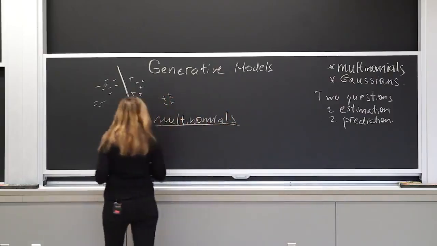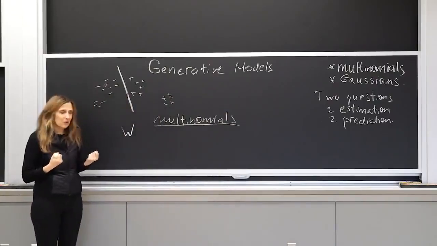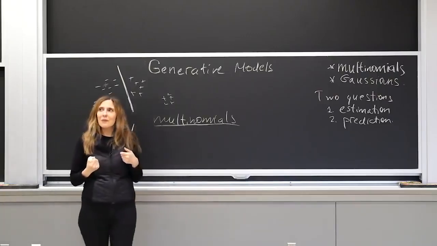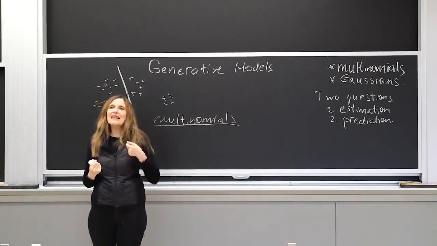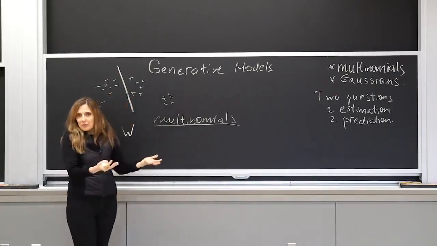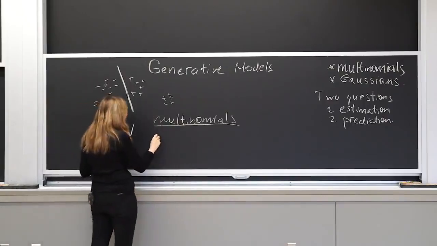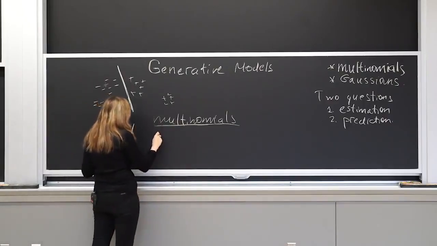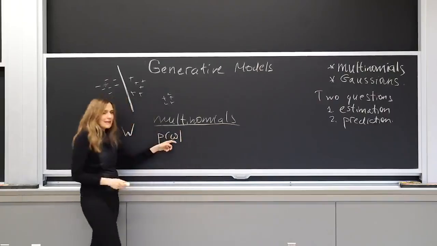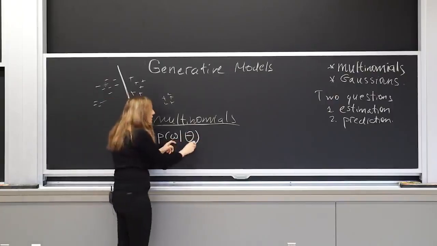Okay, so what kind of parameters do we need to have to talk about this model? So the first thing in multinomials, we need to decide how likely it is to generate certain words. Because depending on the model, certain words will be more likely or less likely. So one of the parameters here would be the likelihood of generating the word W given parameterization of the model.